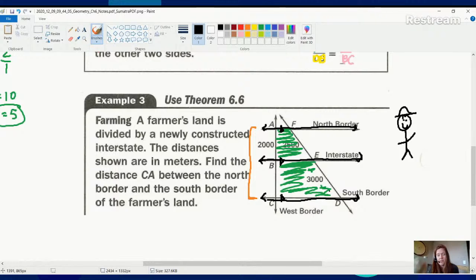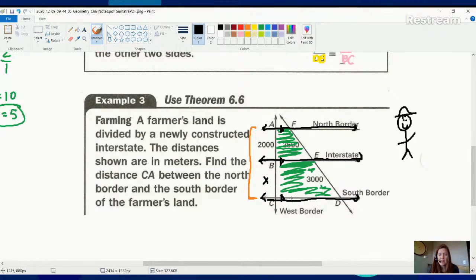The eastern land is kind of slidey sideways. So we know the distance from the north border to the interstate on the west, and on the east, and from the interstate to the south border on the east, but we don't know it on the west. So we have to figure out that distance so that we can find the whole distance.